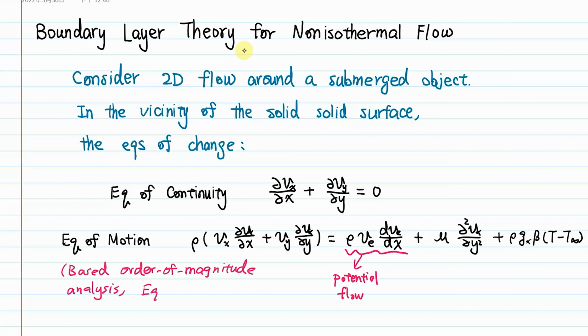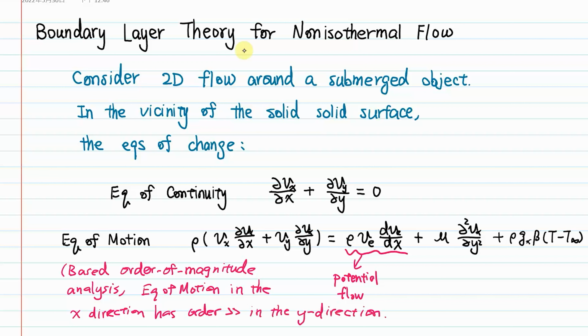The equation of motion in the x direction has orders much greater than in the y direction. So we are only considering what's happening in the x direction. This is like an extension of the Prandtl momentum balance, or the Prandtl boundary layer equations, except that we are introducing the term for buoyancy.